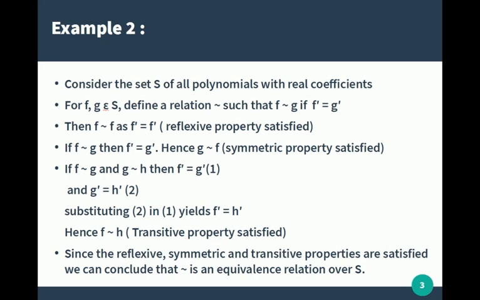Now, substituting the second equation into the first equation yields F prime is equal to H prime. This implies that F is related to H. Since the reflexive, symmetric and transitive properties are satisfied, we can conclude that tilde is an equivalence relation over S.